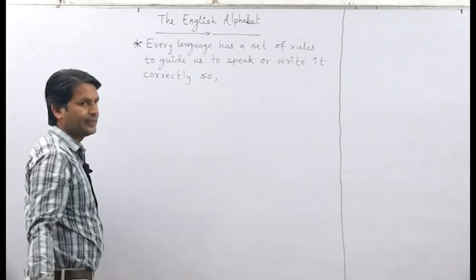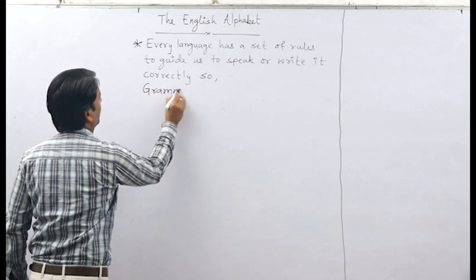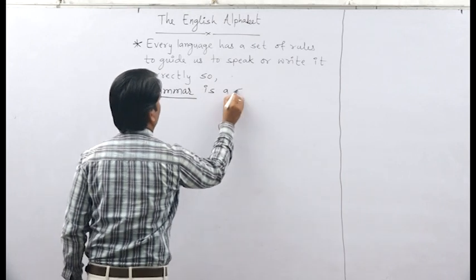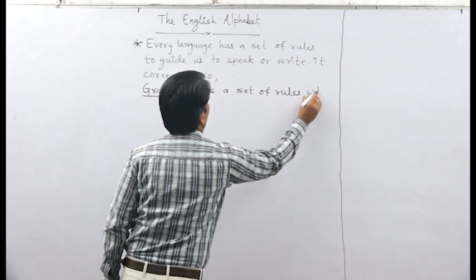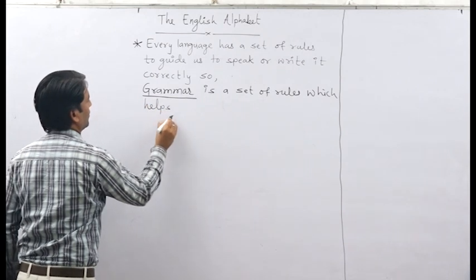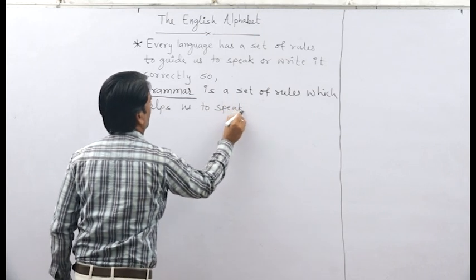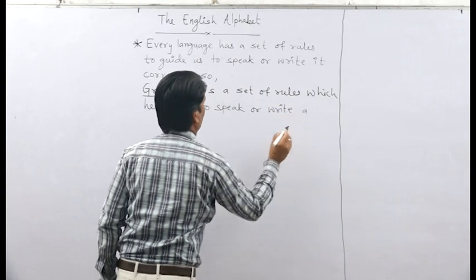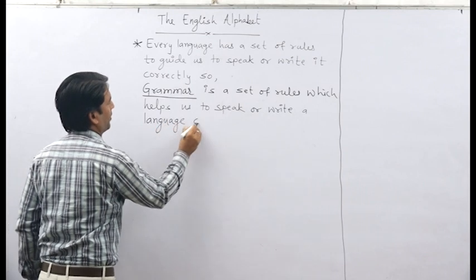So, we can say here that grammar is a set of rules which helps us to speak or write a language correctly.